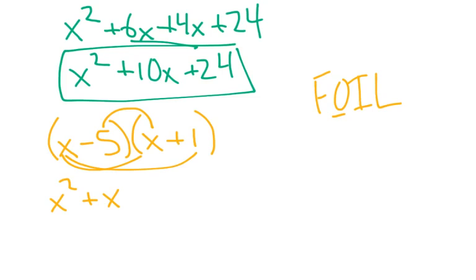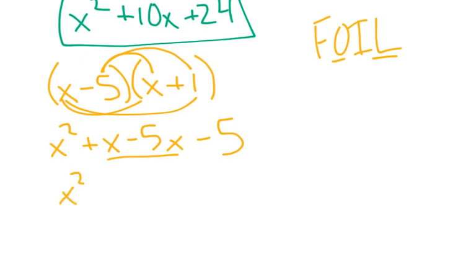Inside, negative 5 times x, which would be minus 5x. And last, which would be negative 5 and 1, multiply those together to get negative 5. Combine our like terms, which are in the middle. That is x squared minus 4x minus 5. We box it, walk away.